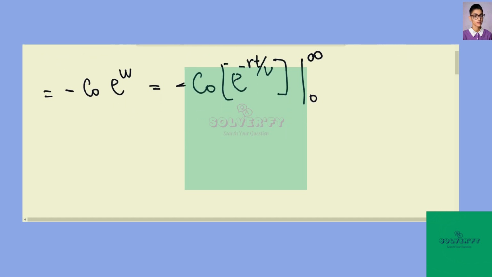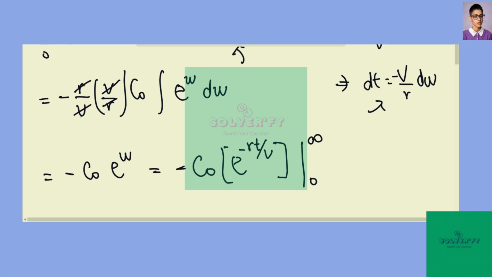When you evaluate an integral, you first evaluate it at the upper limit, which is infinity. When you put plus infinity in here, it is the exponential of minus infinity.